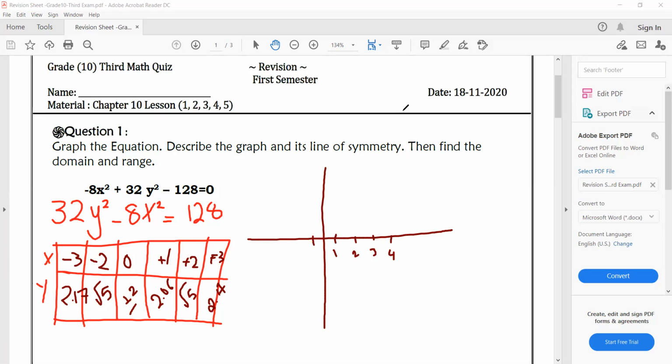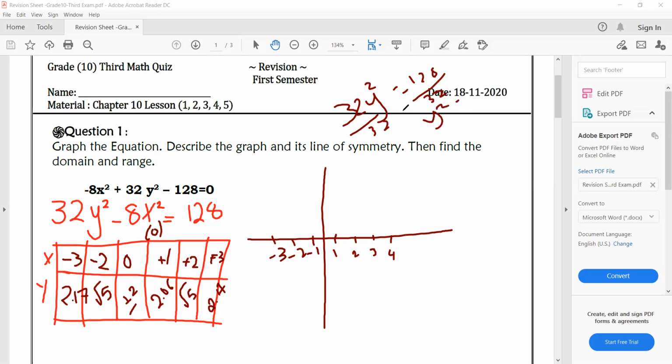Teacher? Yes. The y-axis, how did you find the numbers? Just plot here, as an example, put 0 here. You will say 32y squared equal 128. Teacher, it will be 32 over 32.